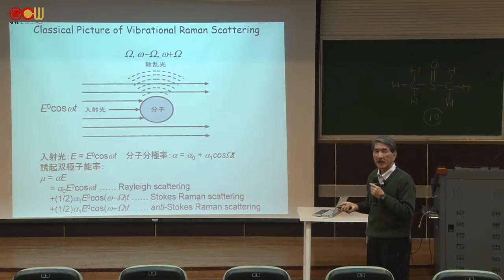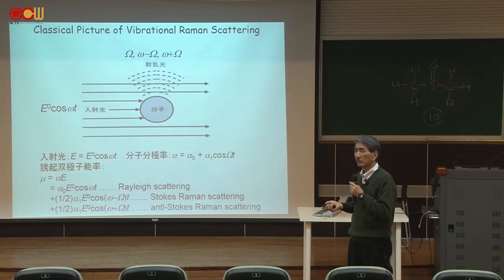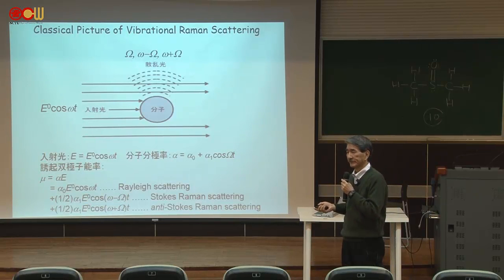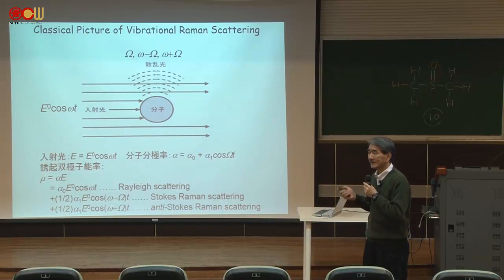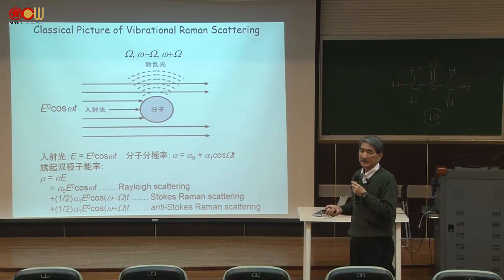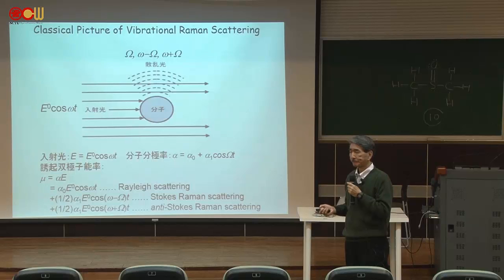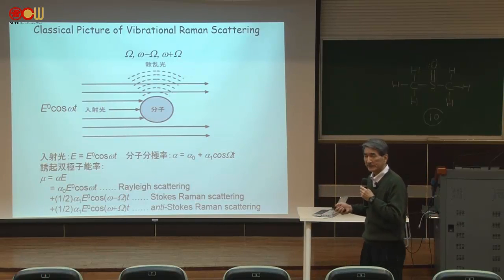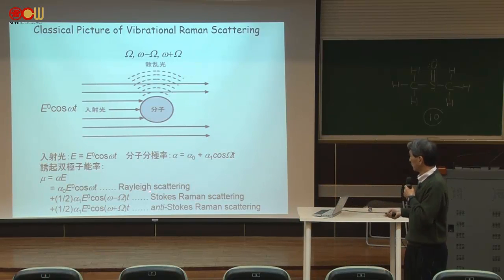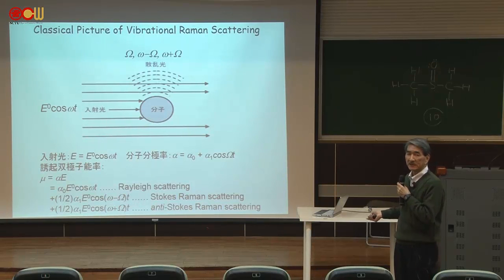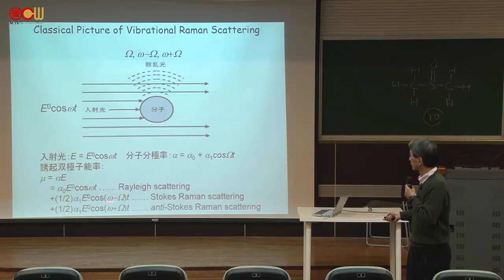And you can learn more in detail in quantum mechanics later if you want. There is a formula called the Kramers-Heisenberg-Dirac dispersion formula that explicitly expresses the Raman scattering process. But for now, it's enough to know that we have both Stokes-Raman scattering and anti-Stokes-Raman scattering. And we usually look at Stokes-Raman scattering.